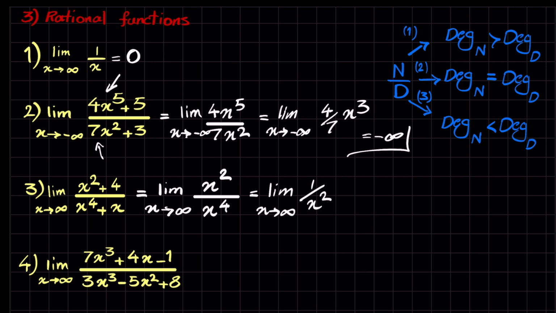If you remember, we just solved this, but right now it's with a degree which is squared on the denominator. So still, it makes no difference, and 1 over an infinite number is going to be 0.